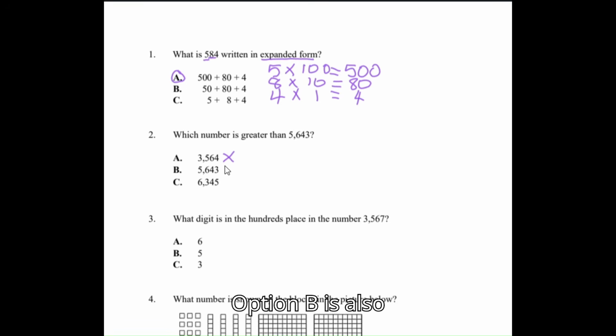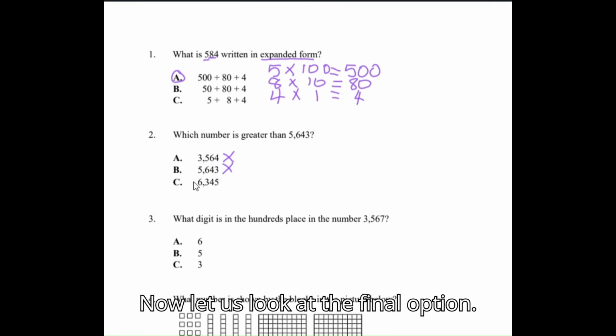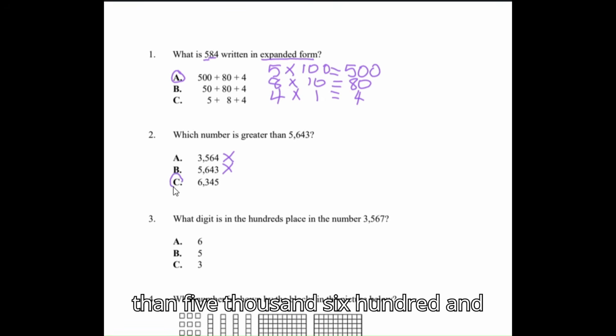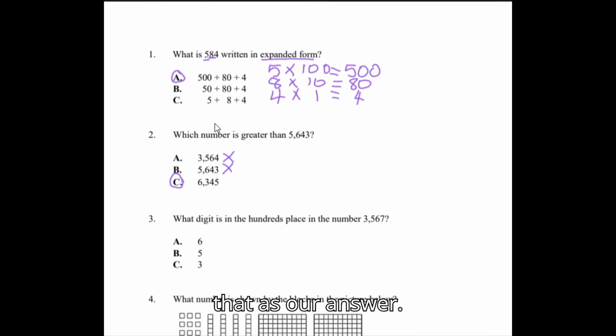Option B is also incorrect because it is the same as the number that was given. Now let us look at the final option. 6,345 is in fact greater than 5,643. So we're going to choose that as our answer.